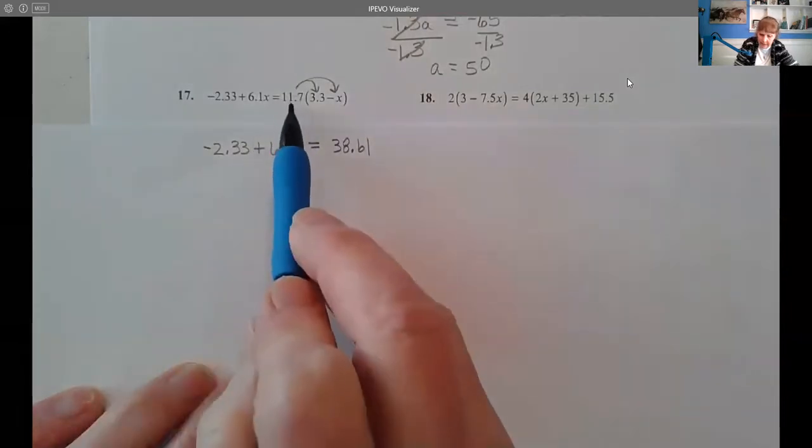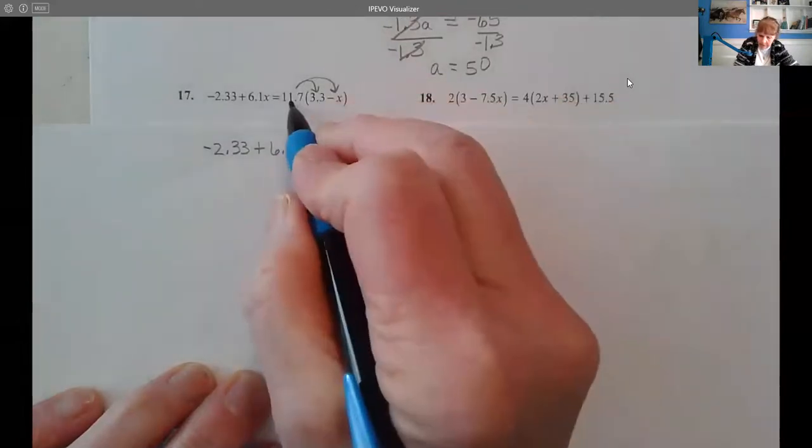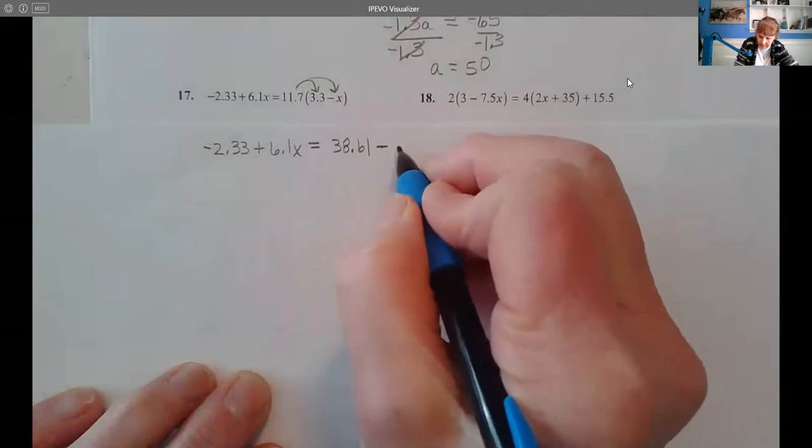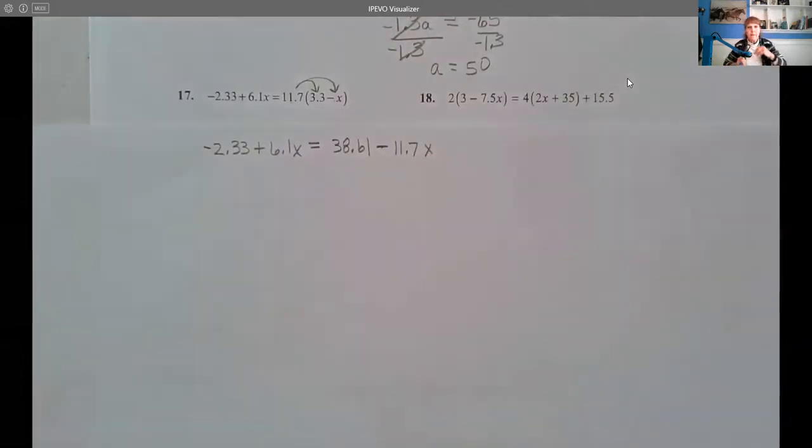Then I'm going to take a negative, or excuse me, 11.7 times a negative 1. And a positive times a negative is a negative 11.7x. All right. So again, make sure you understand using the distributive property, it's a multiplication to both of those.